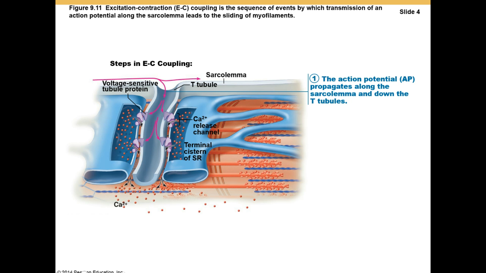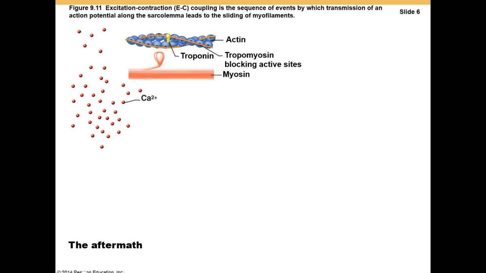It spreads down those T tubules, and right next to those T tubules, you have sarcoplasmic reticulum. It's sensitive to the voltage. Channels will open up for calcium to be released, and calcium will begin to flood out of the sarcoplasmic reticulum. So the calcium ions are released, and those calcium ions, they're going to be the trigger for contraction cycle.